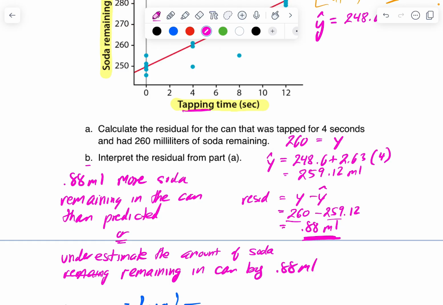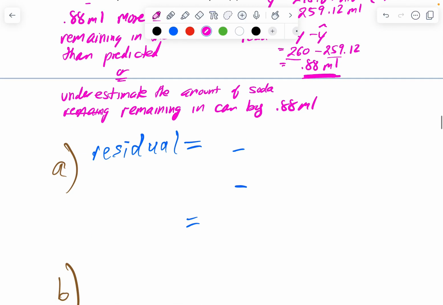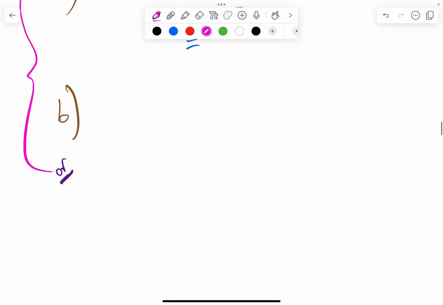A couple of different ways in which you can word that interpretation. Okay. Oh, here's the template for what I answered above.